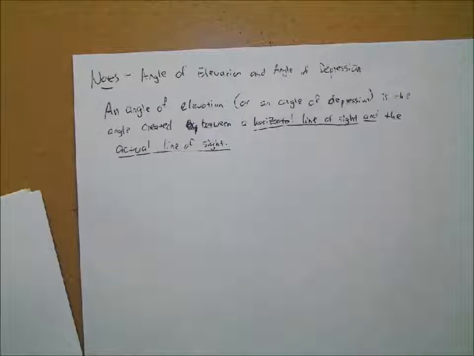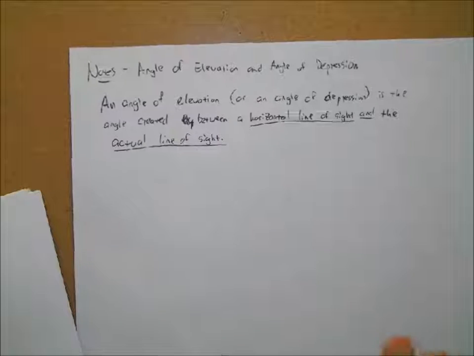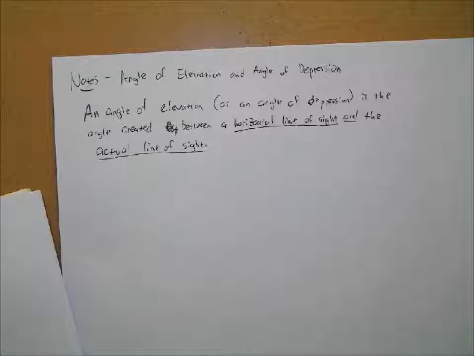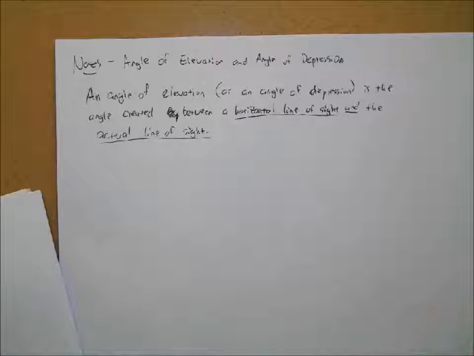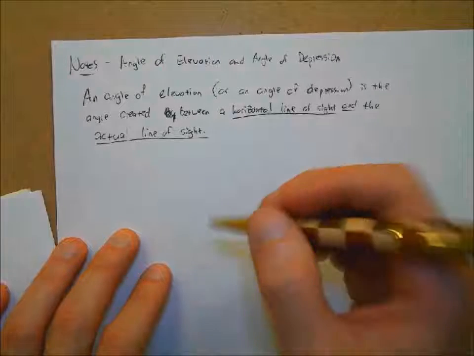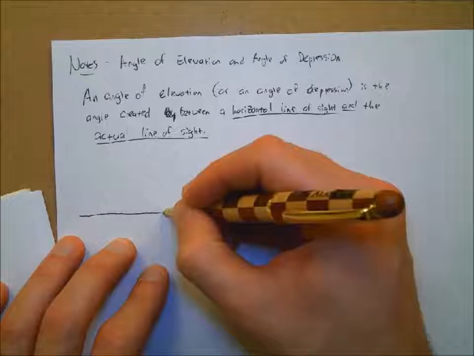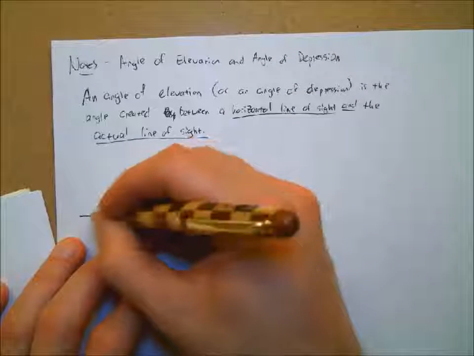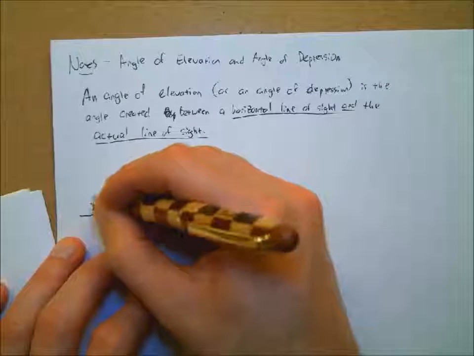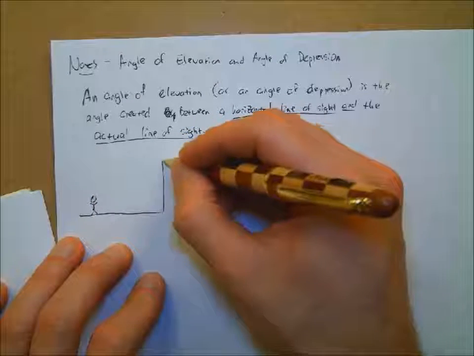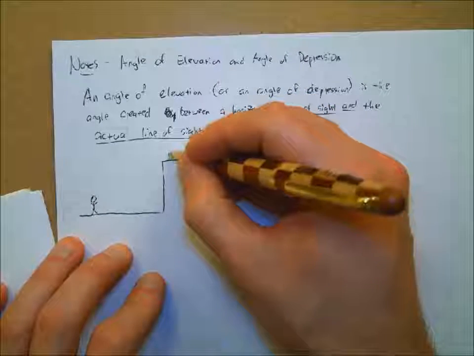And so, of course, whether you have an angle of elevation or an angle of depression all depends on where the observer is located, right? So let's say, for example, that we have an observer on the ground and they're looking up to something that they spot on the top of a cliff, like a tree, a happy little tree.